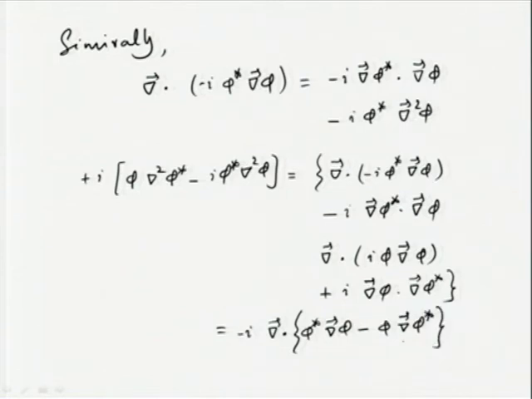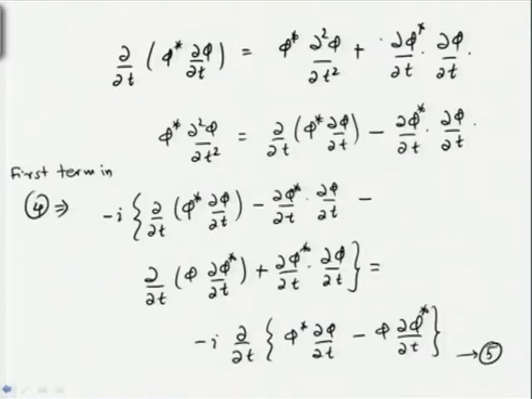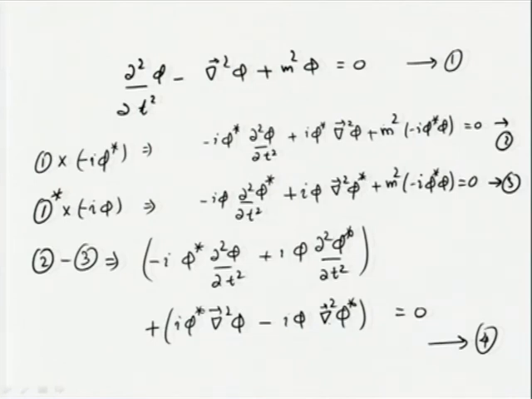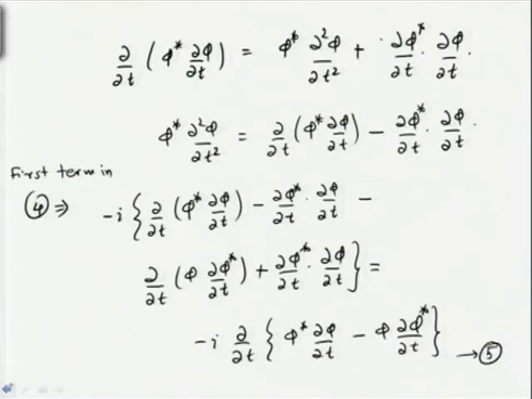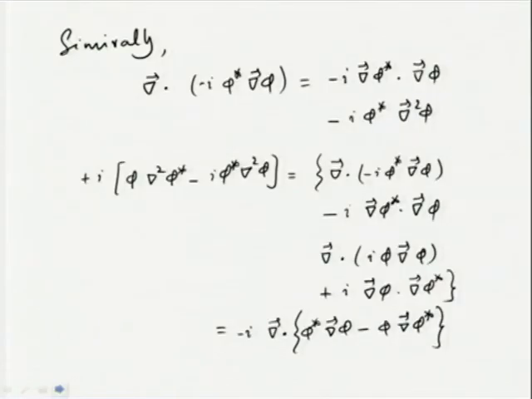Essentially what we have done is we have taken equation 4 and written each of these terms as a time derivative for the first term, acting on both phi star and ∂phi/∂t. Time derivative is acting on both the factors there, and similarly for the gradient we have rewritten that in a different fashion.